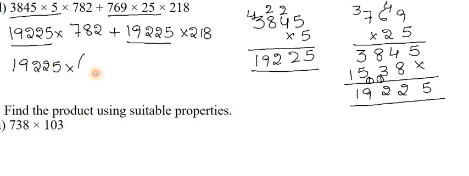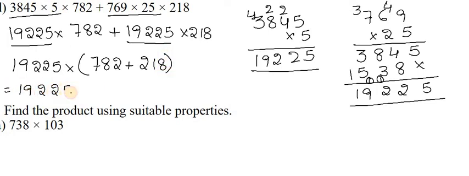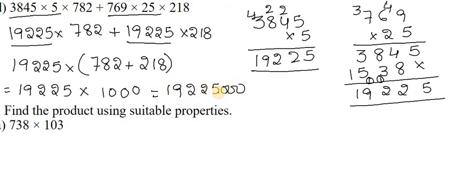19,225 multiplied by 782 plus 280. So what is the answer we will get? 2 plus 8 is 10, 8 plus 2 is 10, 7 plus 2 is 9 10. So the answer is just adding 2 zeros in the last. 1,92,25,000.